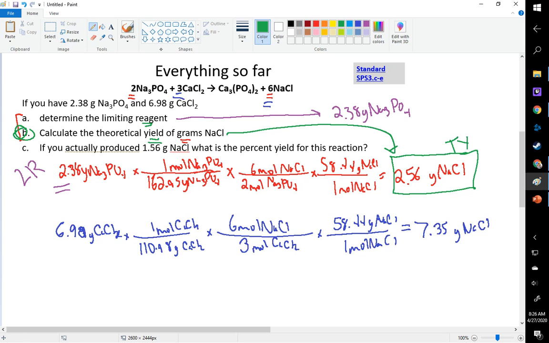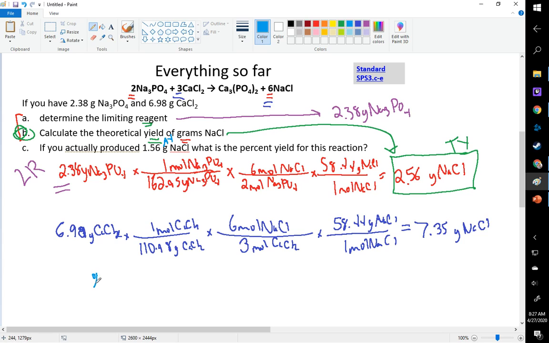So now we're going to actually answer the part C calculation. We go in the lab, we do this experiment, and we only get 1.56 grams. So remember, the number in the problem is my actual yield, and my theoretical is the one that was based on that calculation.